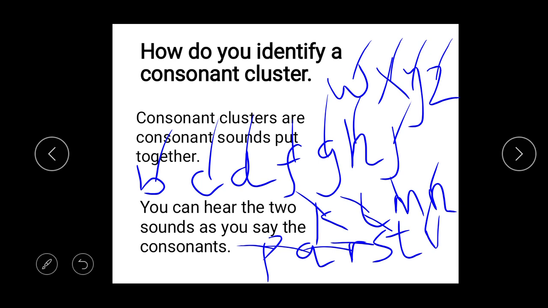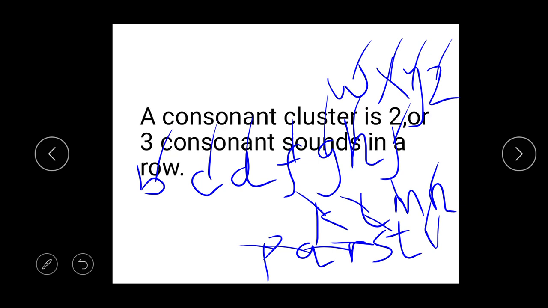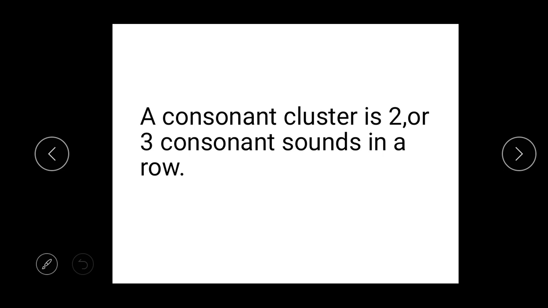But for the purpose of today's lesson, we'll be focusing on our consonant clusters. That means you are bringing your consonant sounds together in a row. A consonant cluster is two or three consonant sounds put together in a row.